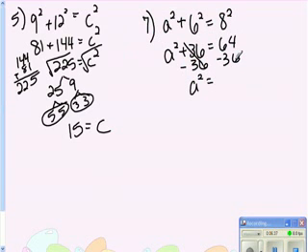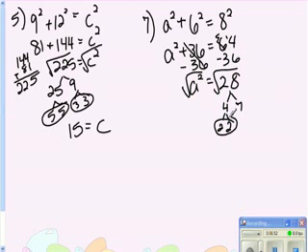A squared, 64 minus 36 should give me 28. Square root of 28, I don't know, so 4 times 7. 2 times 2, circle the 2, underline the 7. A is 2 square root of 7.